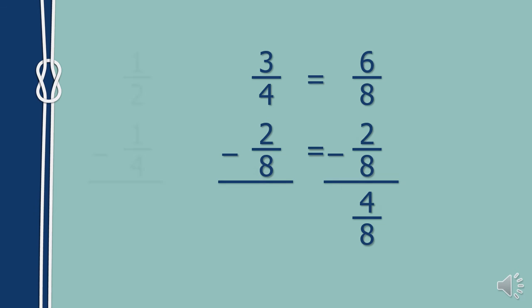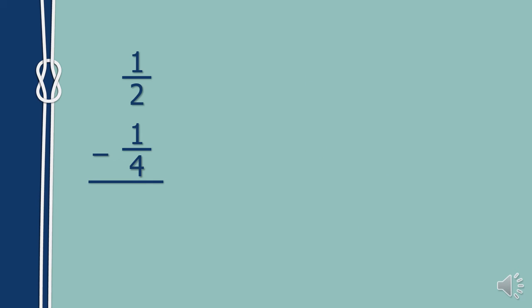Let's try another one. How about 1/2 minus 1/4? Again, the fractions are in unlike terms, so we have to put them into like terms before we can subtract them. And we're going to look at the one that's in halves, and we're going to try to rename it into fourths. We can do that by multiplying by a name for 1.